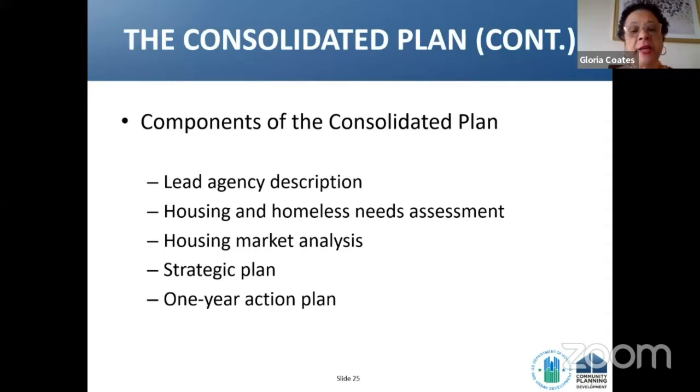The entity that's carrying out the CDBG and CDBG-CV program will be identified here, as well as these factors that will be identified. When the grantee prepares its consolidated plan, you notice here it says 1-year action plan. The first year of that 5-year plan is embedded into the consolidated plan. That's why a lot of times we call it consolidated plan, action plan, because that first year's plan is embedded therein.